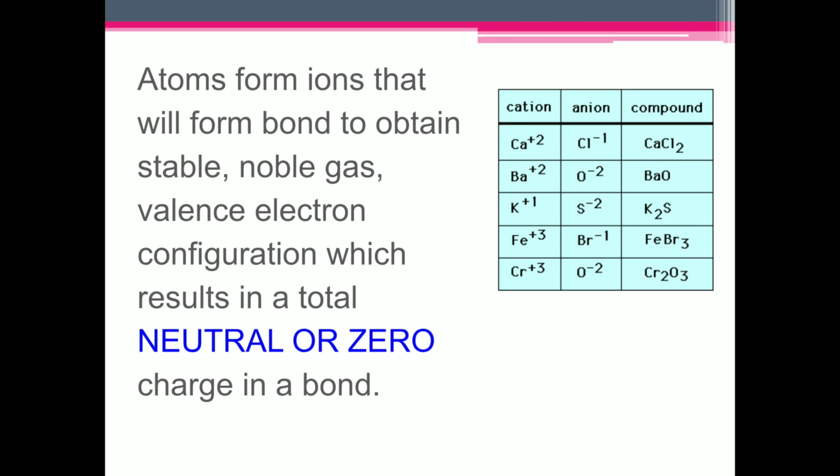Again, the reason why atoms form bonds and thus gain or lose electrons is to obtain stable, low energy, noble gas valence electron configuration. Whether alone or in a bond, these species will always have a total neutral charge.